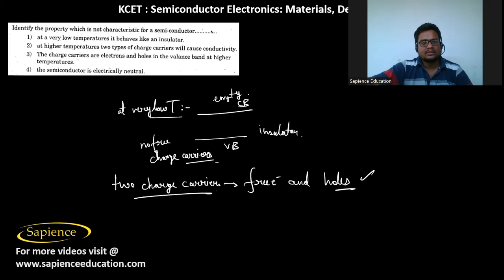No, it is wrong, since at high temperatures we have free electrons in the conduction band and holes in the valence band, which are available for conduction. And the semiconductor is obviously electrically neutral. So only the statement in option 3 is not a property of a semiconductor. So option 3 is the correct answer.